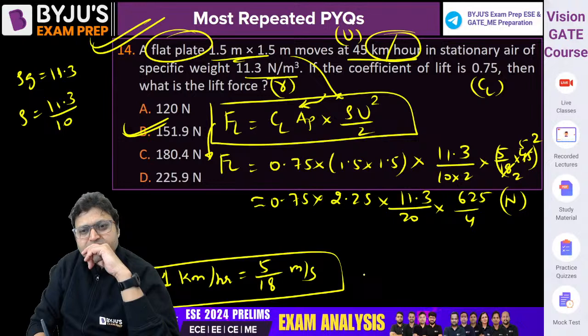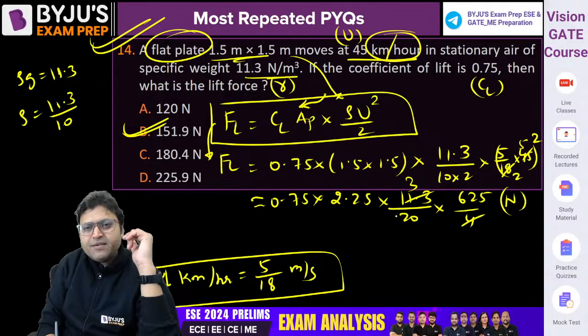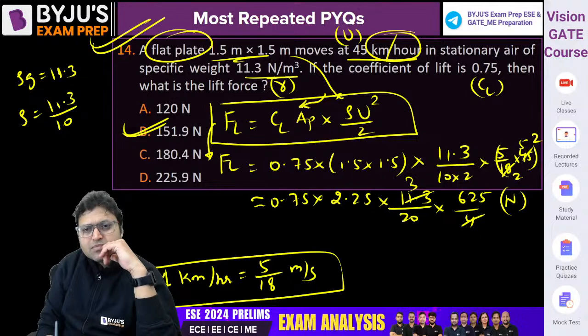Can you do it? This is something around 3, so this will be around 31.